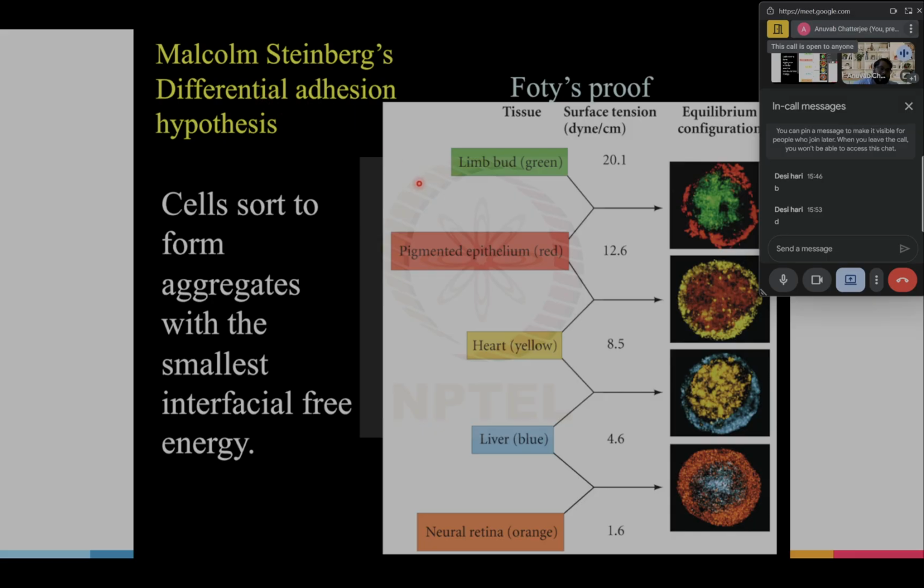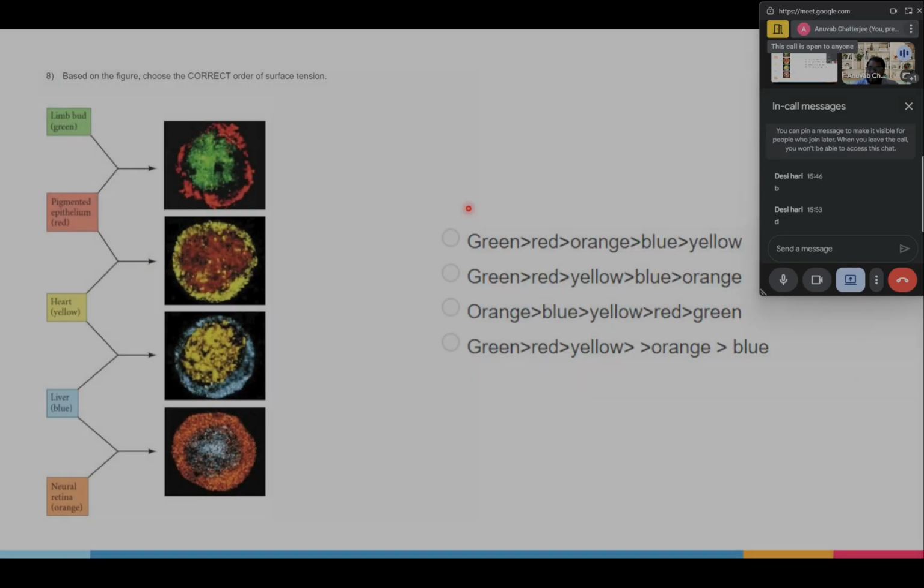The higher the surface tension, the more the tendency that the cells will go to the interior of the entire mass. If we look at this, we see that when green and red associate, green goes in, red stays outside, so green is greater than red. Red and yellow, same thing, red is greater than yellow, then yellow and blue, and blue and orange. Essentially, this is just the order: green, red, yellow, blue, and orange.